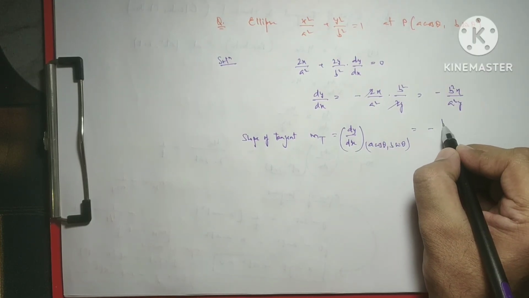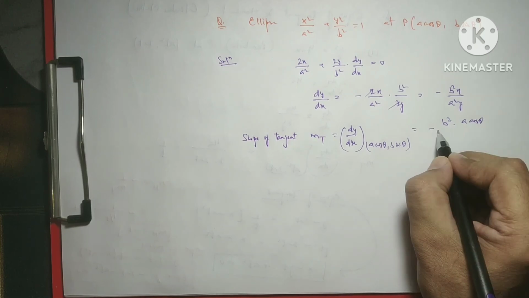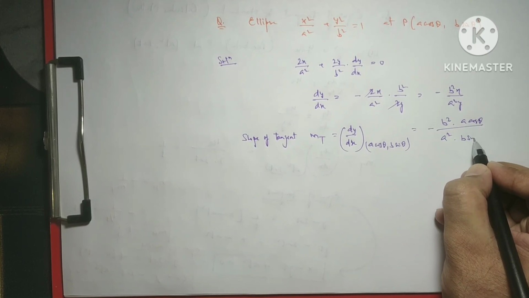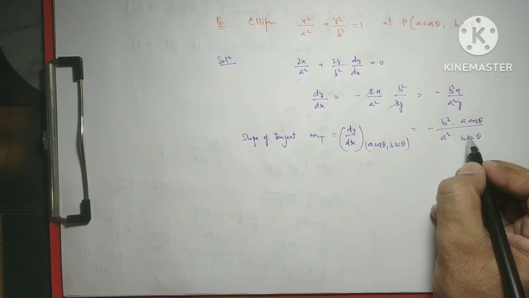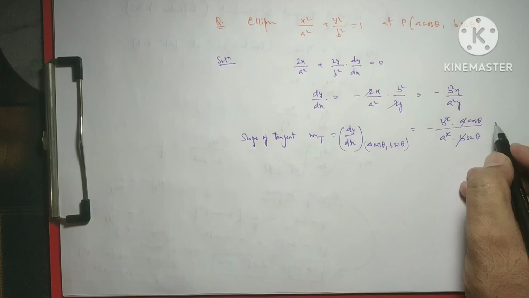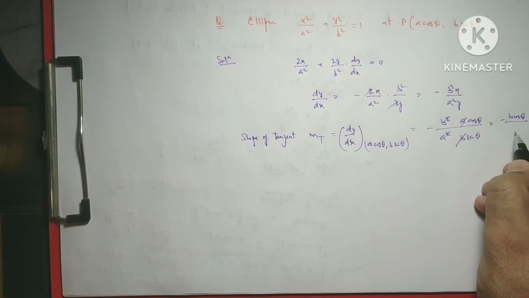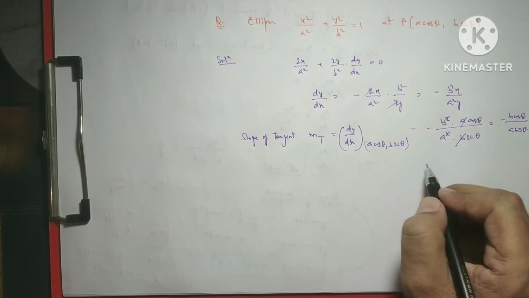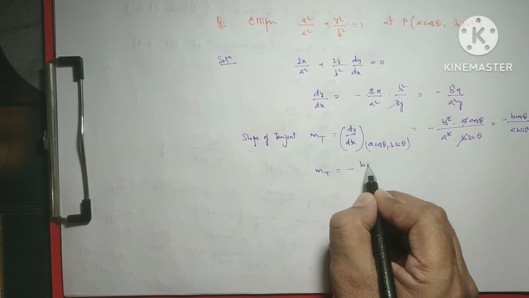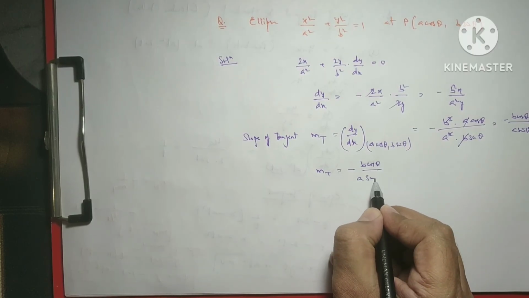We get minus b square into a cos theta over a square into b sin theta. So cancel out this b and this a, so you get minus b cos theta over a sin theta. mt equals minus b cos theta over a sin theta.